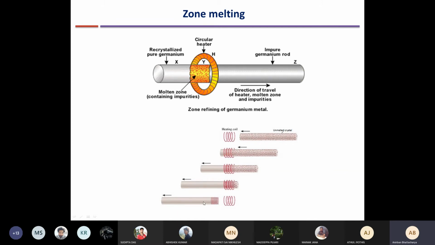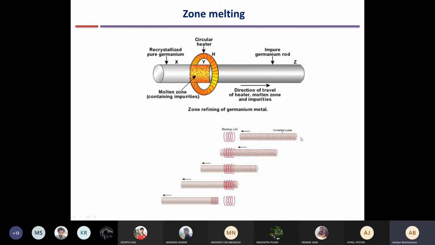Now if you repeat this process again and again, you can reduce the impurities drastically in the solid. If I do it 4 or 5 passes, we can just cut off the final part where all the impurities are solidified, and we will have a very pure material. This process is known as zone melting.